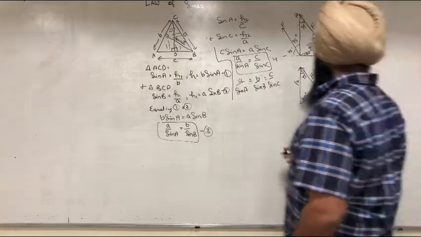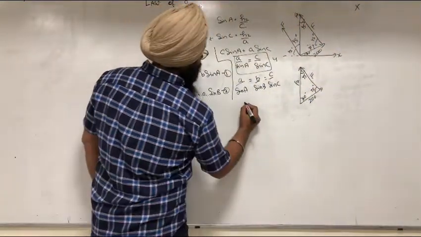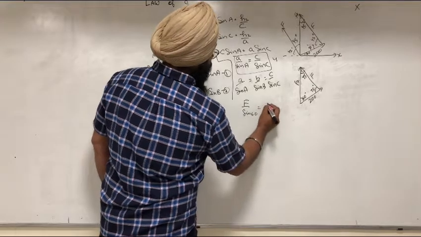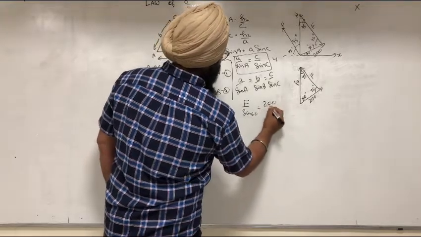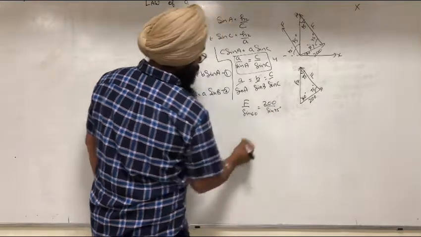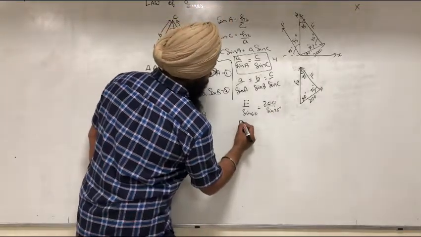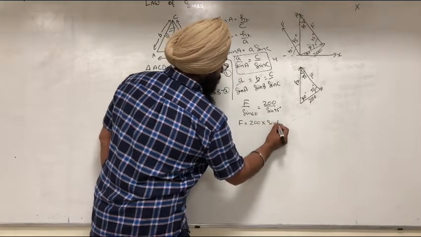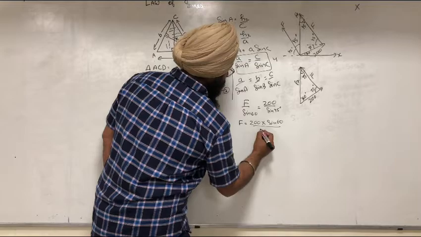Now we know by using law of sines, F by sine 60 will be equal to 200 by sine 45. So F will be equal to 200 into sine 60 divided by sine 45.